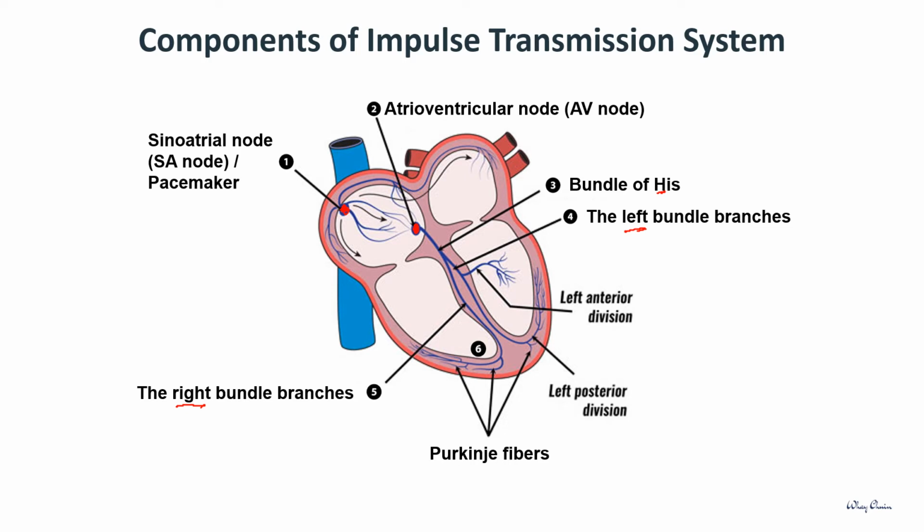The two bundle branches channel into the Purkinje fibers, which are found throughout the chambers of the ventricles. These 5 components make up the impulse transmission system in the heart.